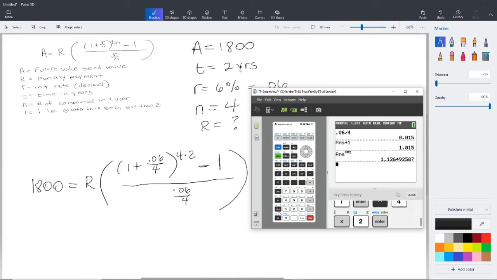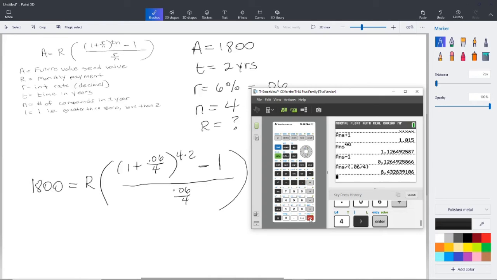And then we're going to say minus 1, because we know now what this inner parenthesis is. Enter. And then we're going to finally say divided by. Don't forget, you need a sub parenthesis here, otherwise the calculator is not going to be able to calculate this correctly. So we're going to take 0.06 divided by 4. End parenthesis. And now we know what the entire big parenthesis is.